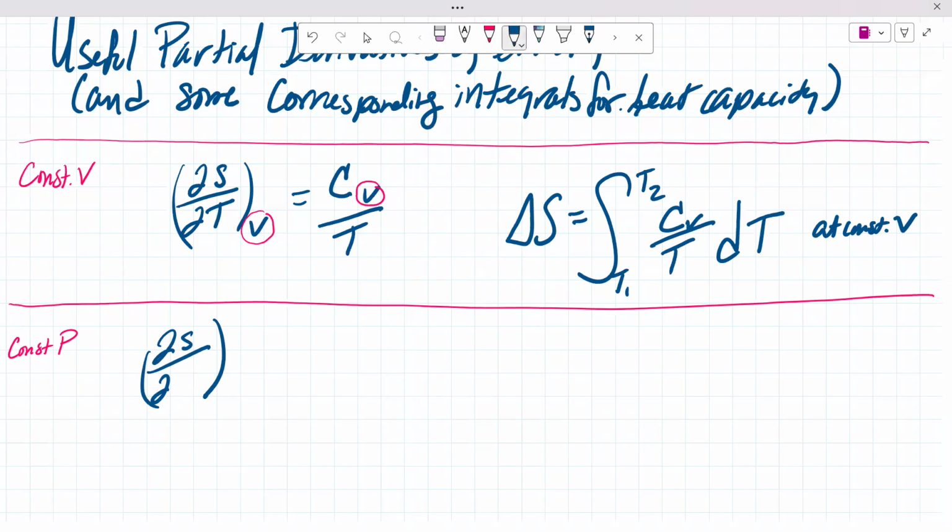The entropy with respect to temperature at constant pressure, that makes more sense, equals C_P of T over T. So now we have C_P. Notice this means constant pressure, and here's the heat capacity at constant pressure as a function of T.